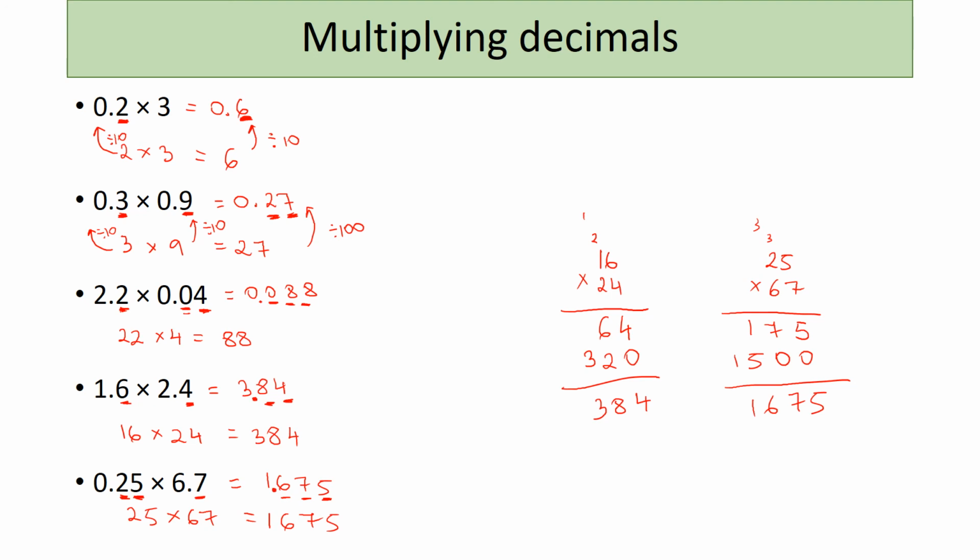For example, in the last calculation, I have a number that is less than 1. 0.25 is less than 1, and I times it by 6.7. So my answer cannot be 16.75 because it needs to be less than 6.7 if I multiply it by a number that is less than 1. So you can use estimation to work out or to check whether you've put the decimal point in the right place.